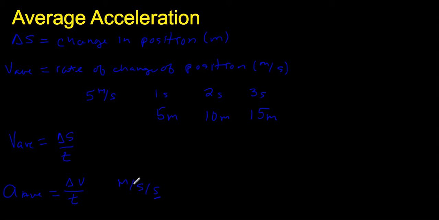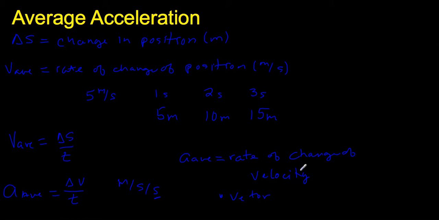I think a good way to do this is to work through an example and talk through some of those things. If you wanted an average acceleration definition, it would be the rate of change of velocity. And this is also a vector, meaning we need to give it some type of direction so we understand what's going on.